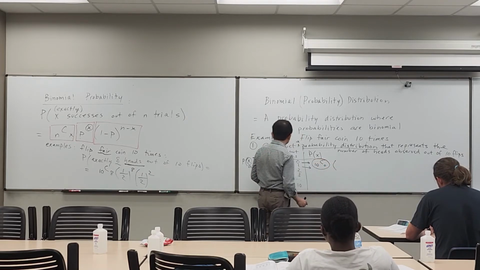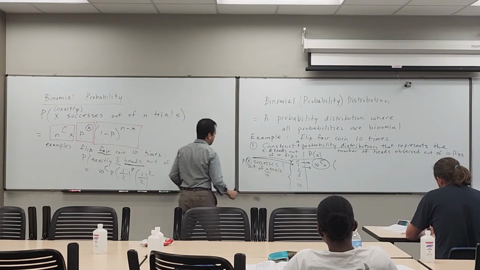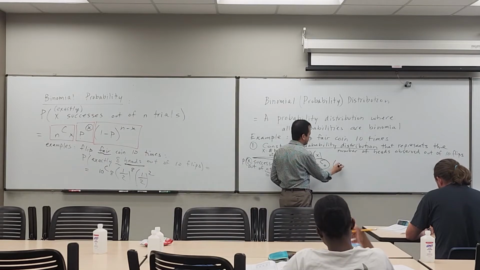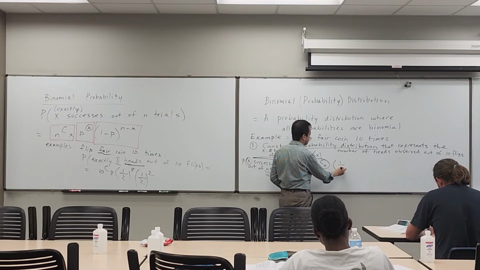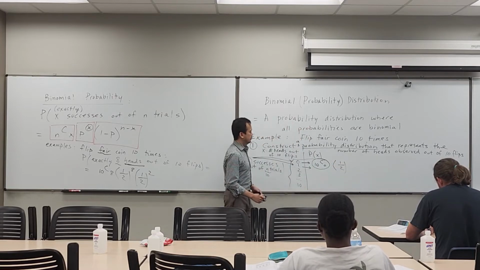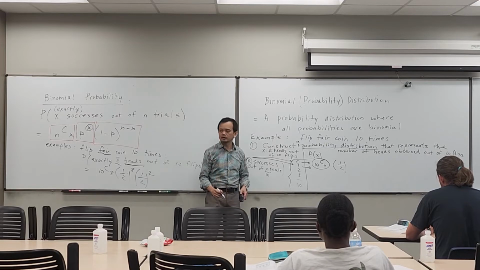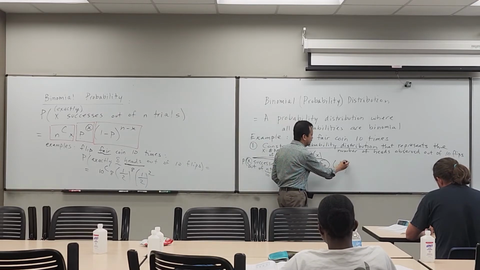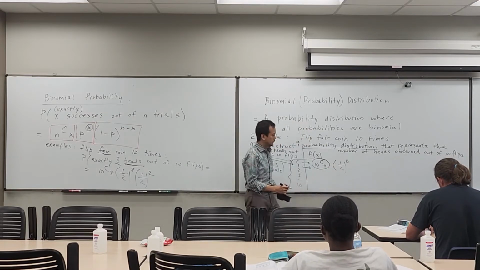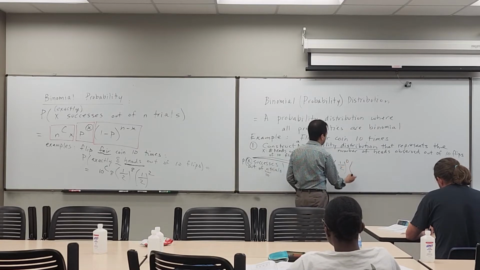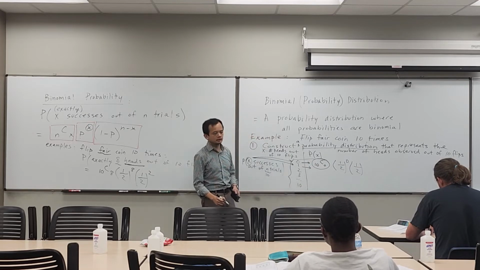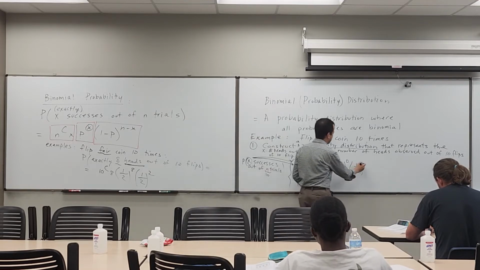And so then we would multiply by p to the x. This is a fair coin, so p, the probability of heads, is 1/2, raised to the number of heads, which would be 0. Anything raised to 0 is going to be 1. And then 1/2 raised to the number of tails, which would be 10.